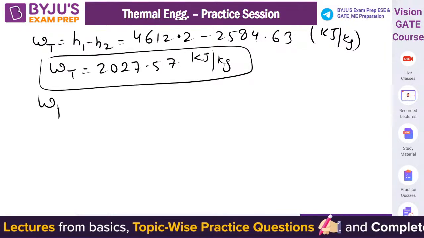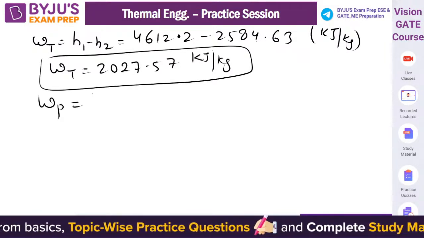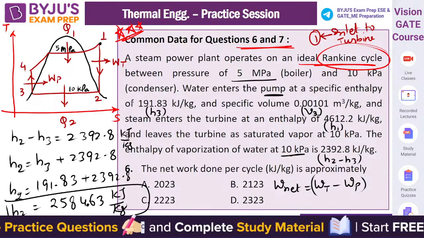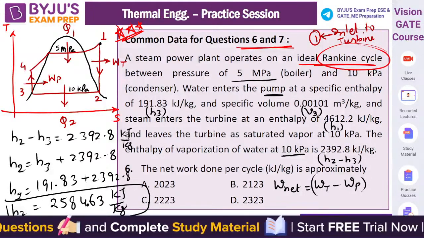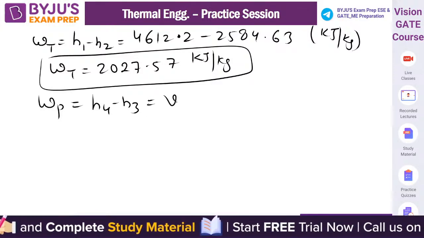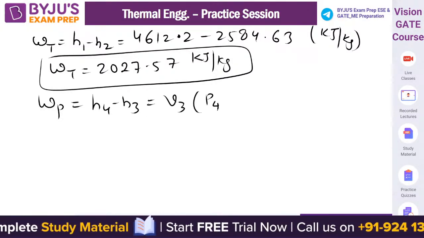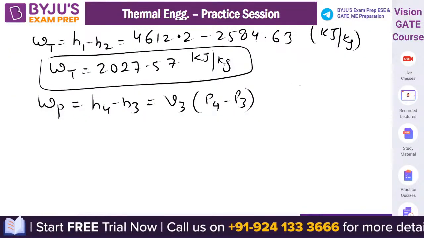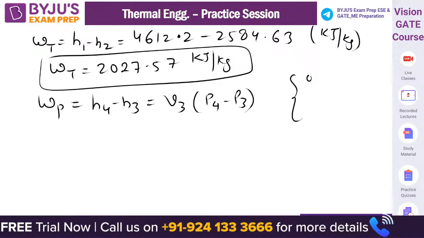What is the pump work? Pump work will be equal to H4 minus H3, or we can call it V3 into P4 minus P3, isn't it? Because the turbine and pump are open systems.